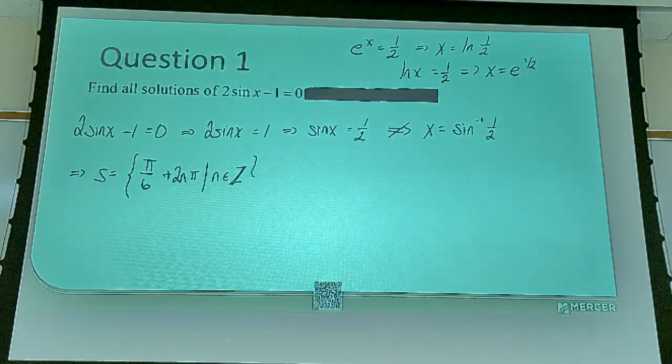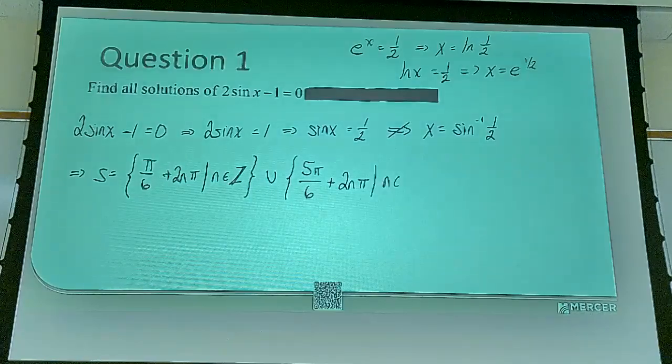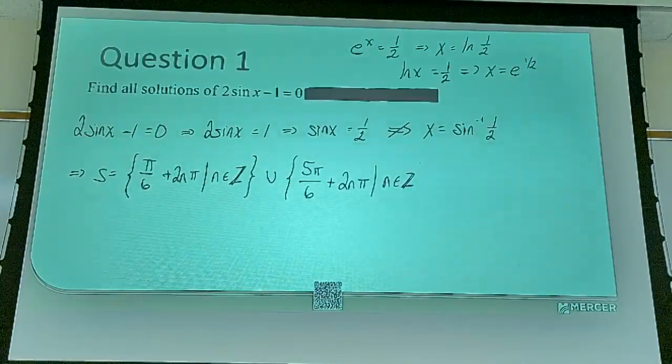Right, so pi over 6 plus 2n pi such that n is an integer, union with the set of all values 5 pi over 6 plus a multiple of 2 pi. That would be the solution if we didn't have an interval. Those are all of the solutions to this equation.